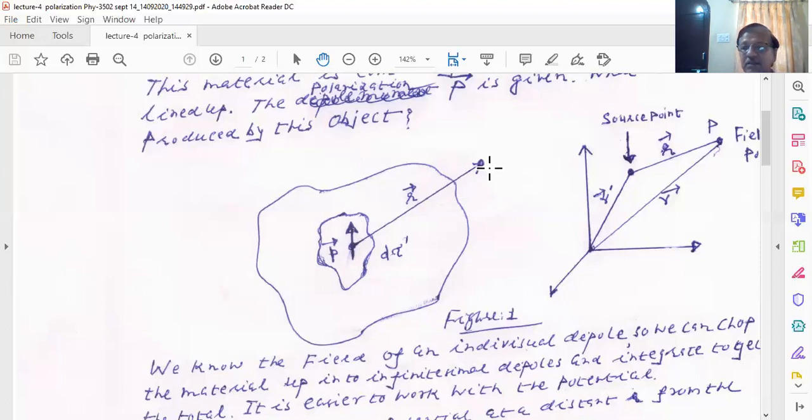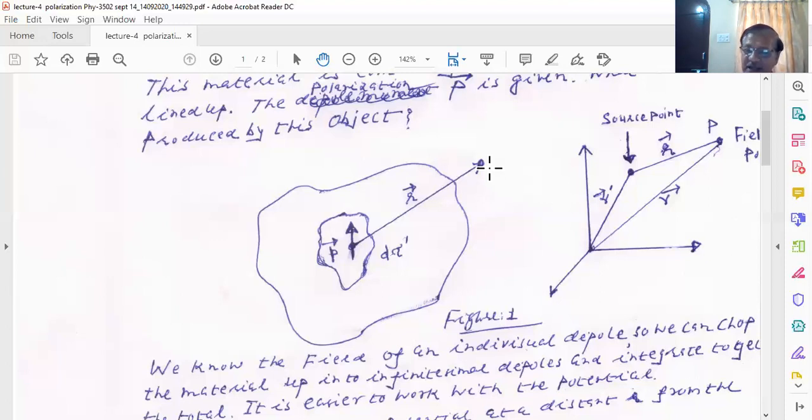You see, there are various methods to calculate the fields. Generally, to deal with the vector field is difficult. So here we will calculate the potential first of all, because potential is a scalar quantity. And once you know the scalar quantity, you can add to find the total potential.